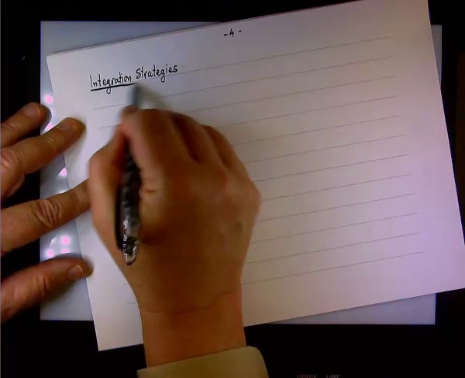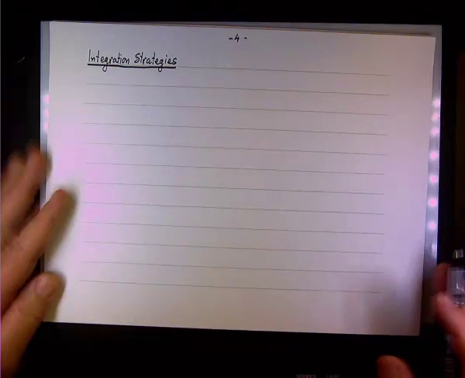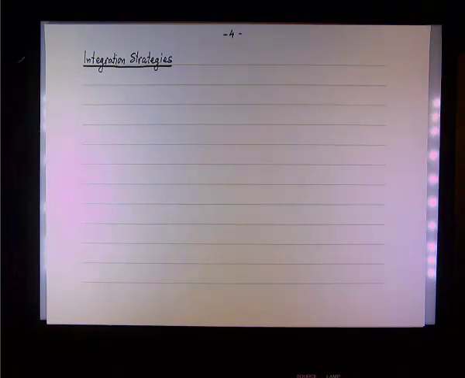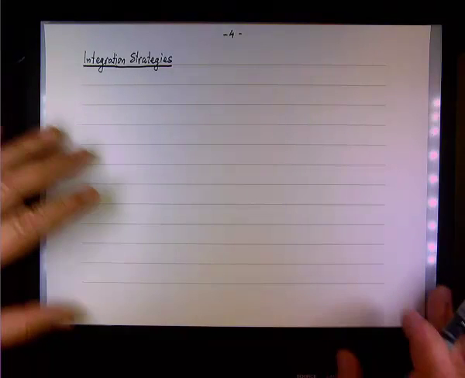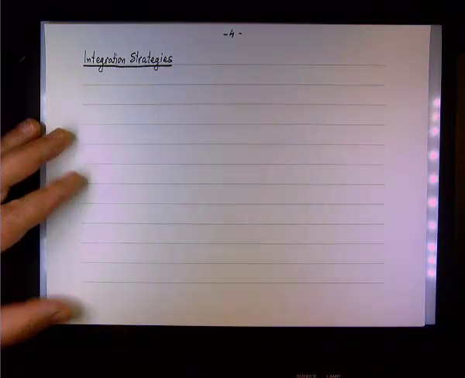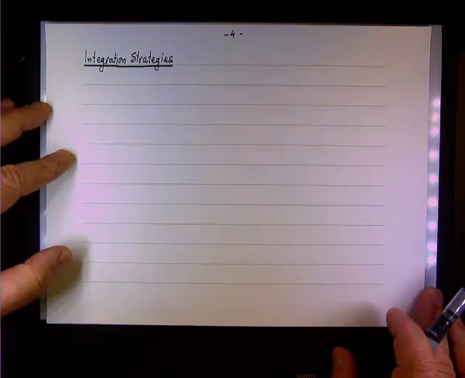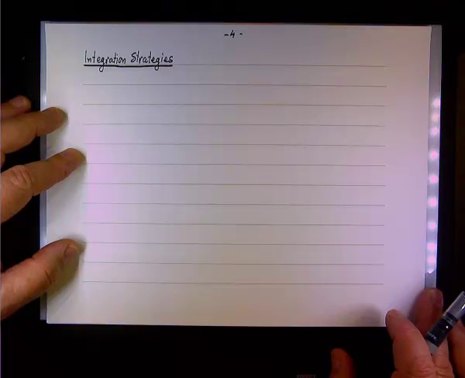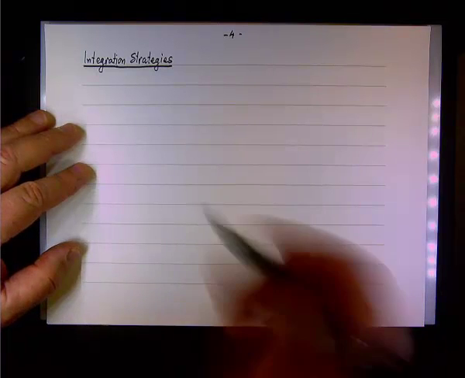Okay, so now you have a tool bag full of all sorts of integration tools. This is pretty much a summary of all the strategies that you have available to you before we move on to tables and numerical integration.